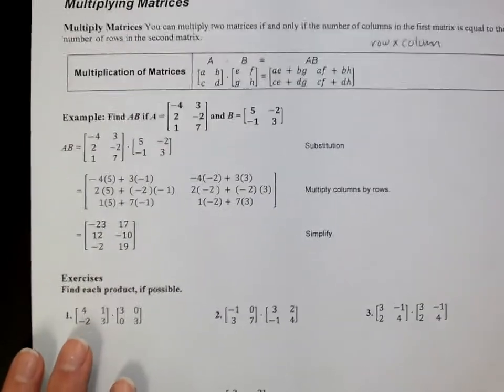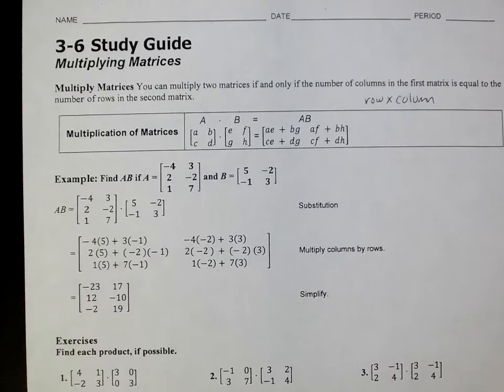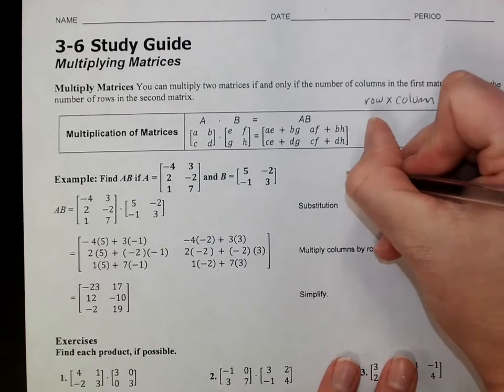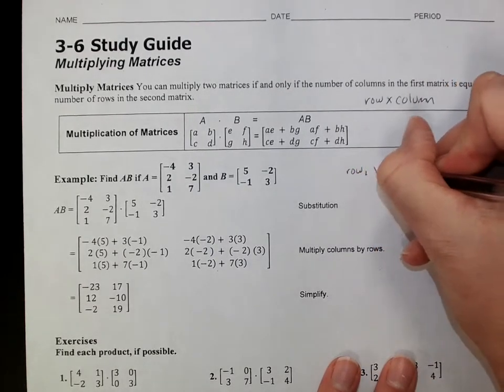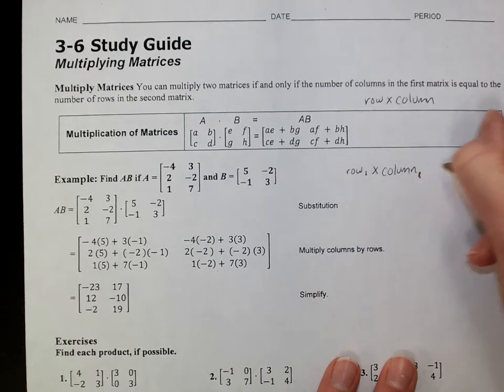To be able to multiply matrices together, you have two sizes. You have the row of the first one by the column of the first one, and you are multiplying that by the row of the second times the column of the second.